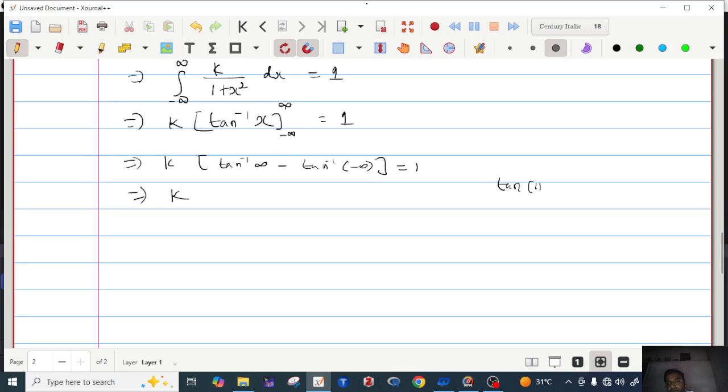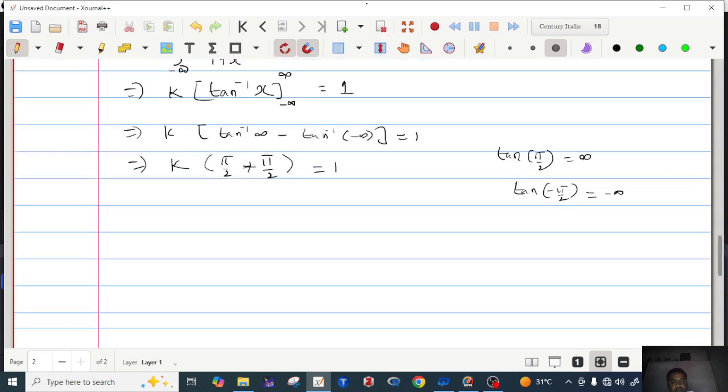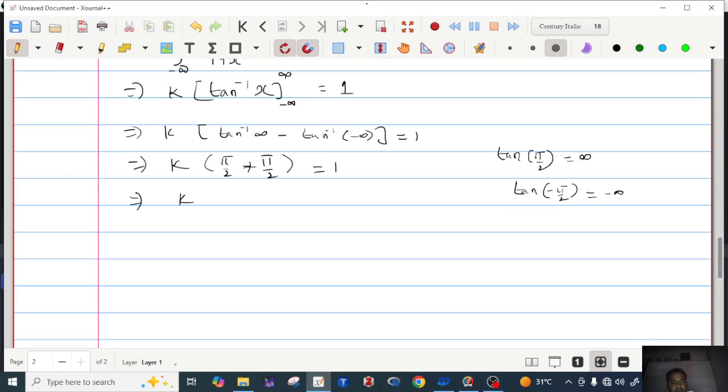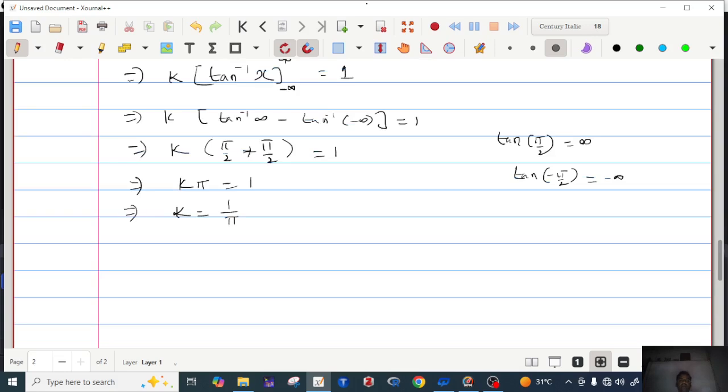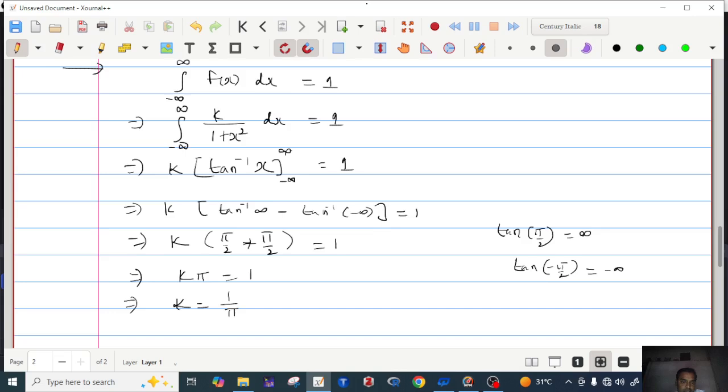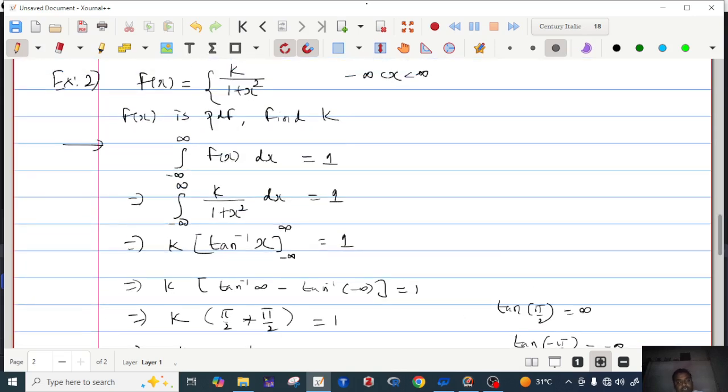We know that tan of pi by 2 is infinity and tan of minus pi by 2 is minus infinity. So tan inverse of infinity is pi by 2, minus minus pi by 2, that is plus pi by 2, equals 1. So k into pi equals 1, so k equals 1 by pi. Students, in this way we have to find the value of k, using the definition of the PDF.